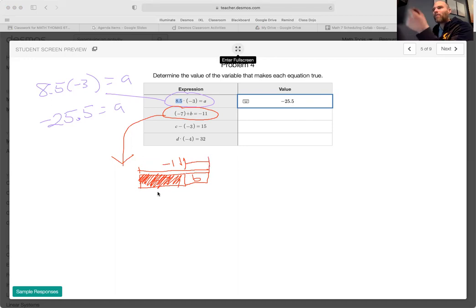And we can get that by taking -7 away from the total length. So we do -11 minus -7, right? I have to subtract the negative because the length itself was negative. Well, subtracting a negative is the same as adding a positive. So what I get is -11 plus 7, which is -4. So that means this length right here is -4, right?